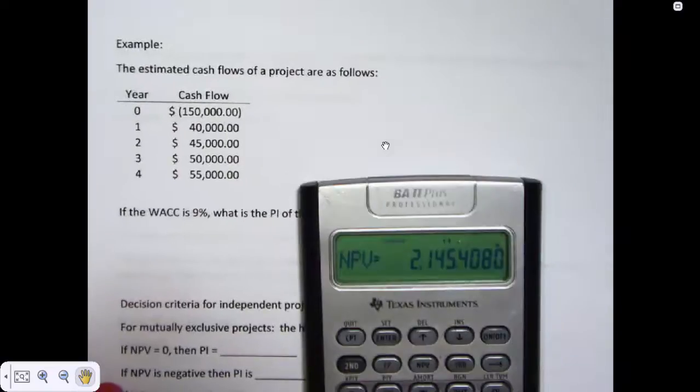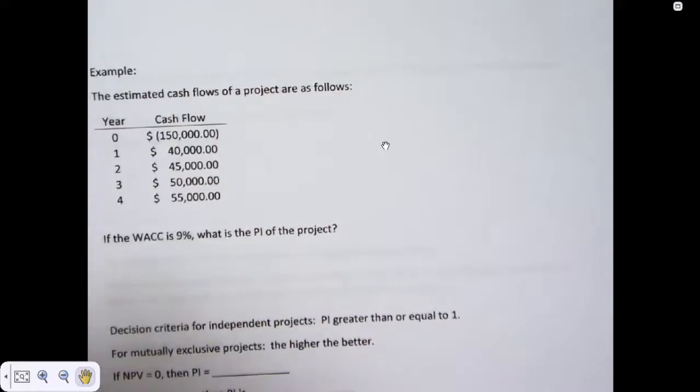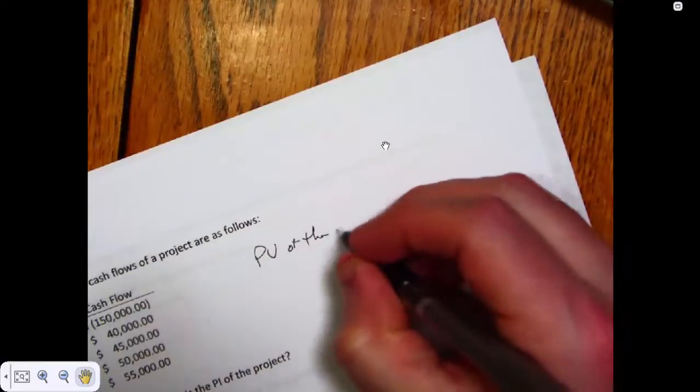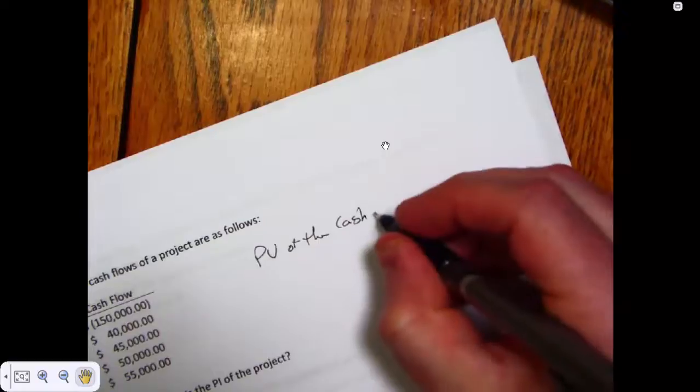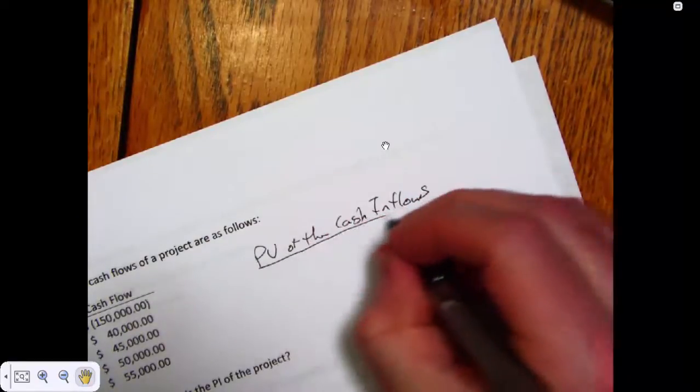The first is the present value of the cash inflows divided by the initial investment, so that's equal to the profitability index.